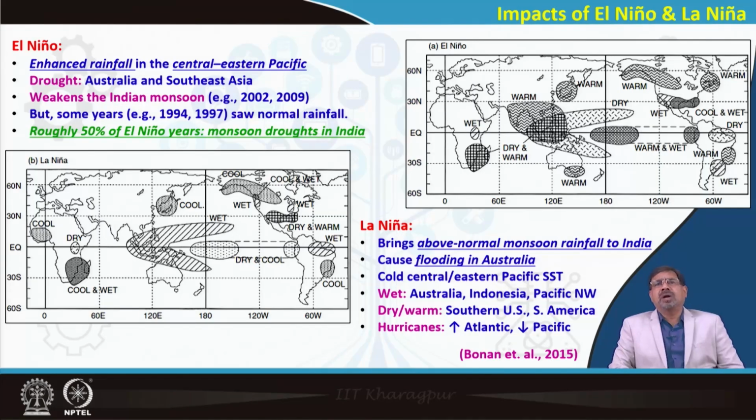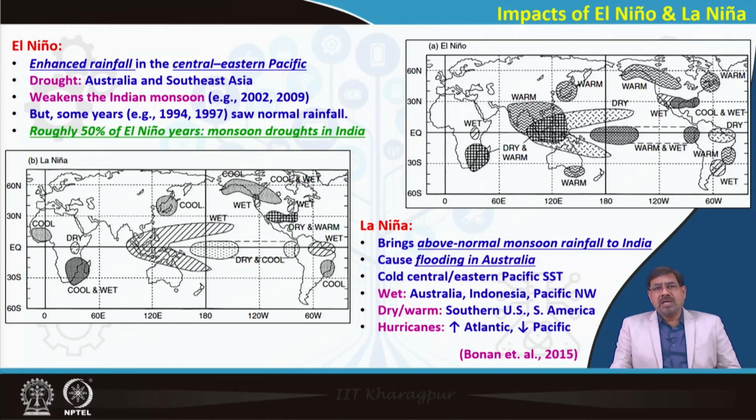And let us move to the right hand side, where the various explanations for La Nina are presented. La Nina brings little above normal or more than normal monsoon rainfall to India, and it has also been seen that flooding has happened in Australia. So, in contrast to El Nino, La Nina gives a normal or above normal monsoon to India, and flooding has been reported in Australia.